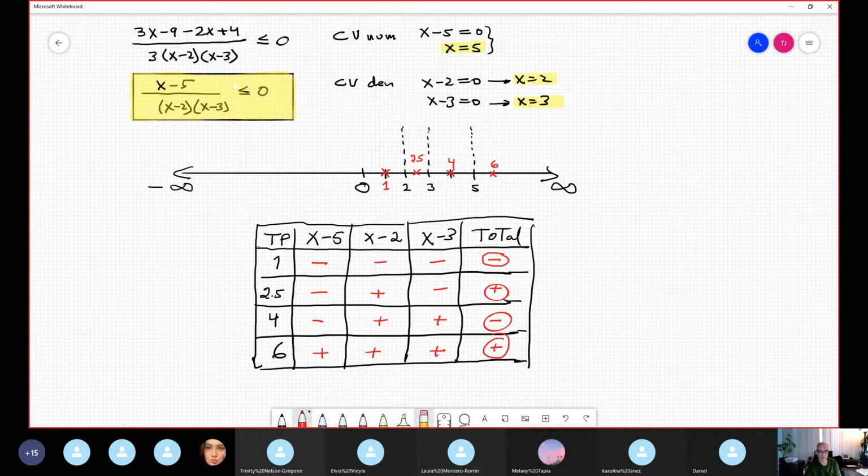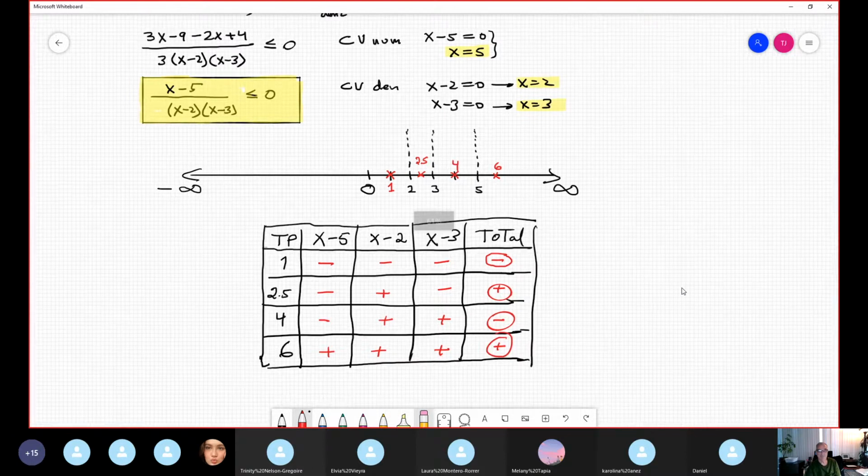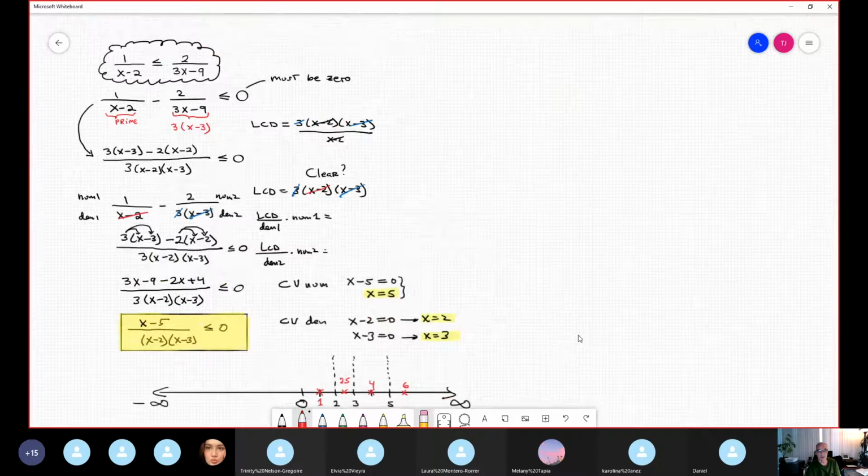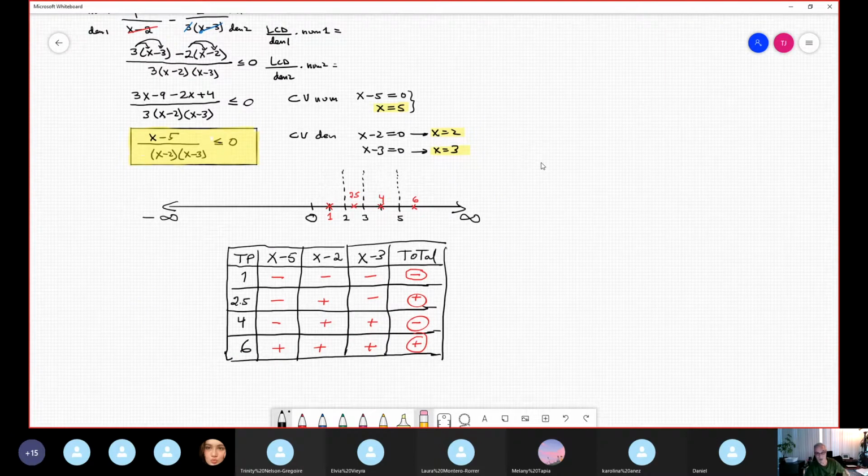So we come back to the beginning. I take a look at my inequality. My inequality has less than or equal. That means this is important, guys. It's easy. In my opinion, it's an elementary idea, but I don't know why the students don't understand.